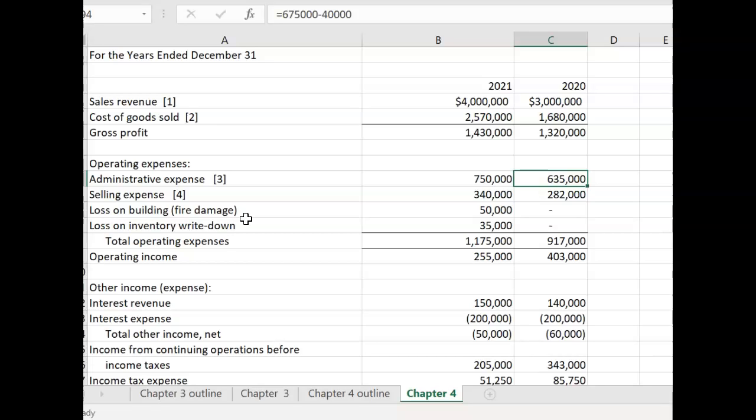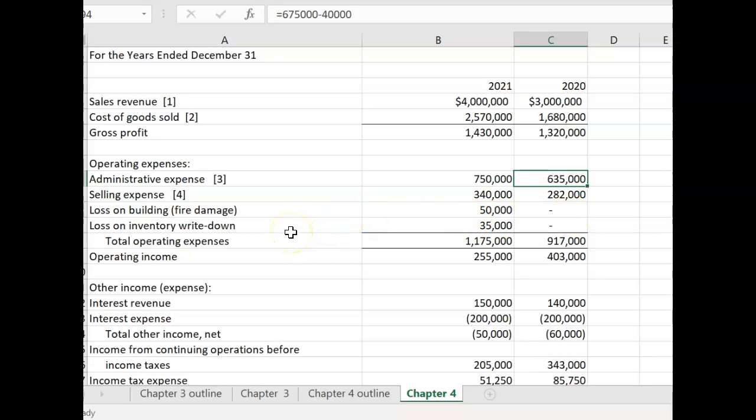The first was given to us in addition to information, and that was number one. There was a fire that caused $50,000. So that's included in 2021. 2020, it's unusual, so we're not seeing it.